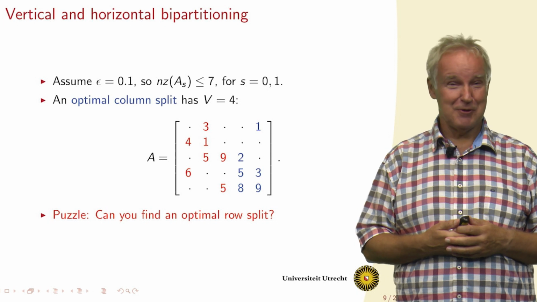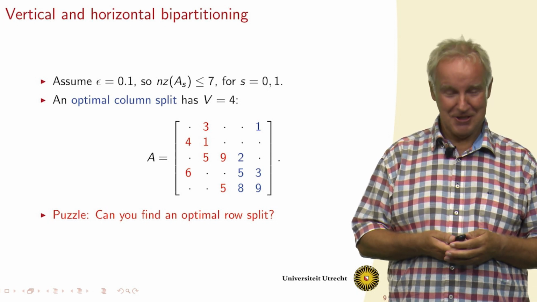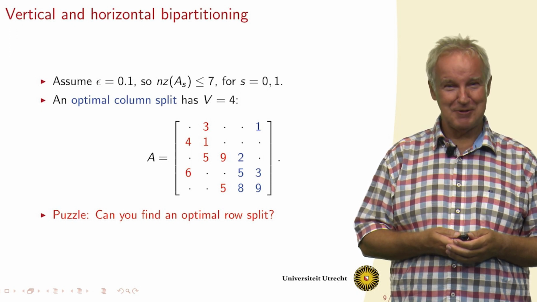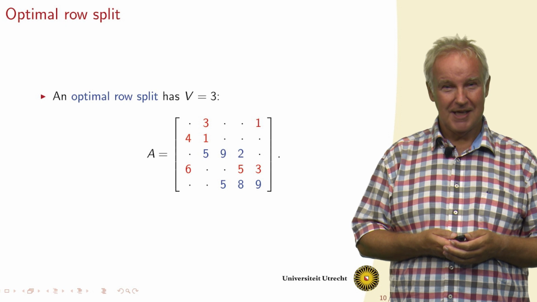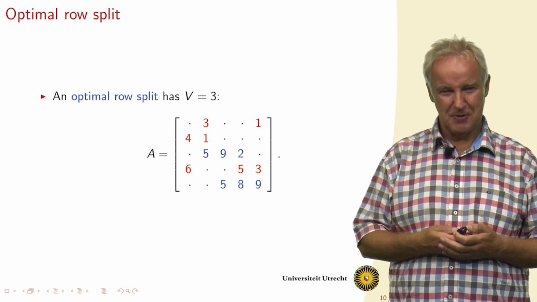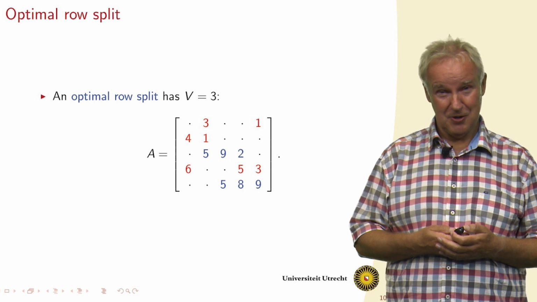So if you don't want to see the answer, the spoiler, just close your eyes. But this is the optimal solution. We have a volume of 3. And you see that column 0 and column 2 do not have any communication.